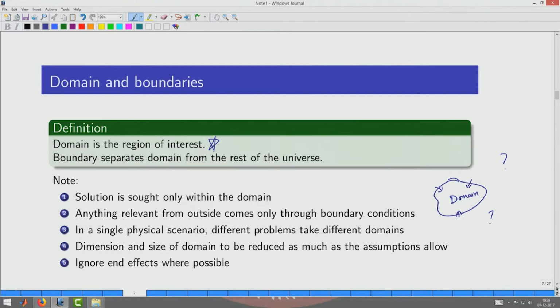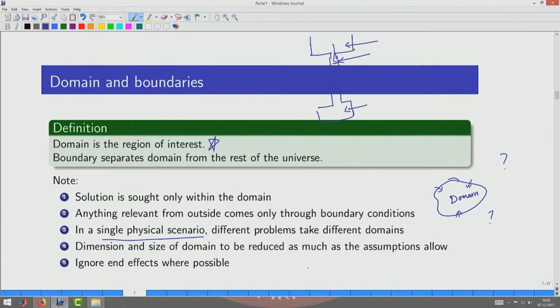Sometimes it may happen that in a single physical scenario you have different problems that will be addressing different domains. For example, I will just scribble something here. You could see, let us say, a container, you have the liquid that is coming out, and then you are trying to fill it into a casting system. Now, you could look at the flow in the melting furnace, you could look at the flow through the cylindrical tap hole, you could also look at the flow into the caster.